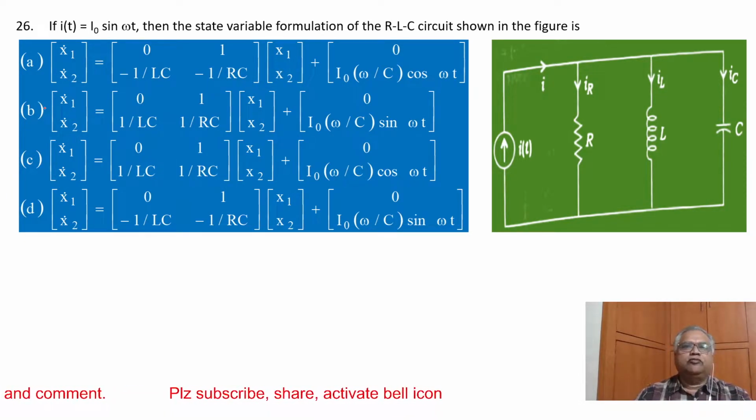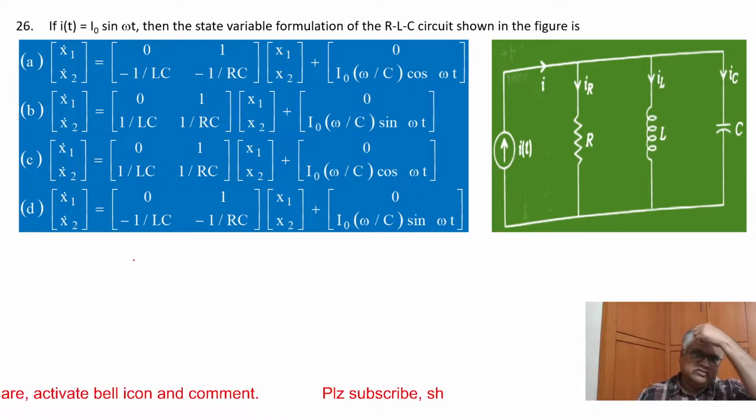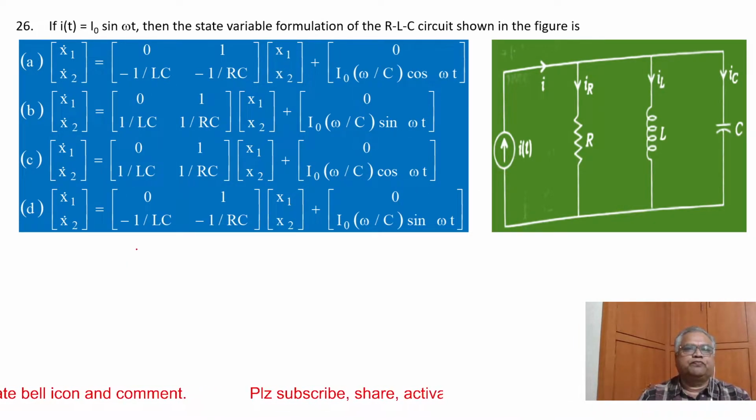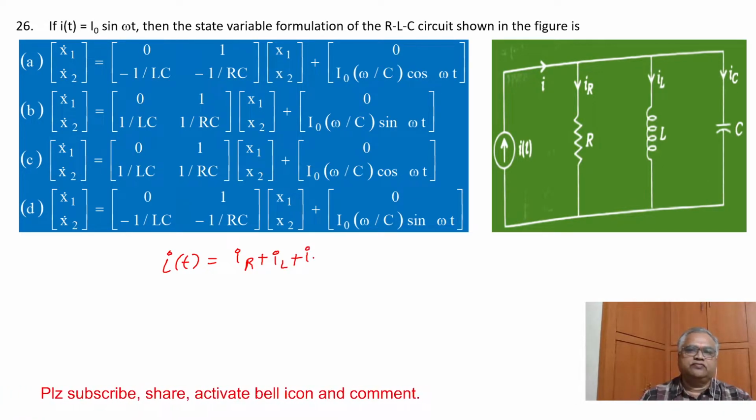Another problem in again state equations, but here this key what is given is not matching. So let me solve. I of t is given, state variable formulation of RLC circuit is asked. So what is the equation? I of t is equal to outgoing IR plus IL plus IC.